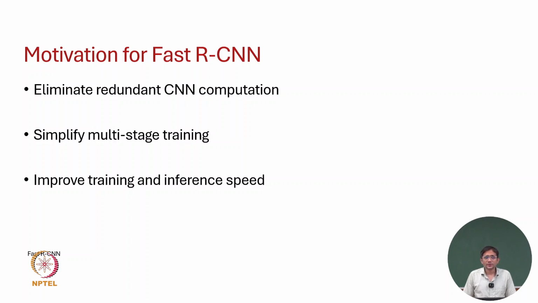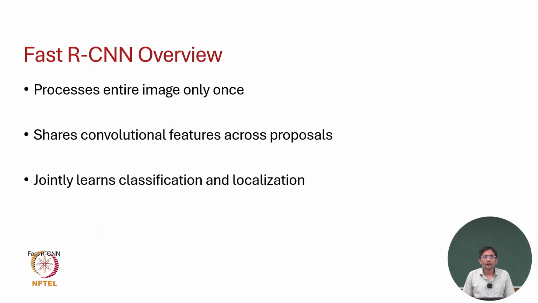Fast RCNN solves some of these issues, and some of these issues then get solved in faster RCNN. The fast RCNN processes entire image only once through the CNN. It shares the convolutional features across the proposals. It jointly learns classification and localization.